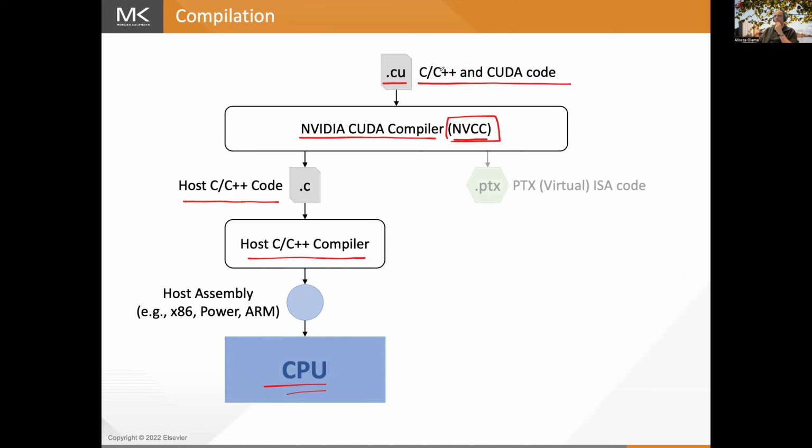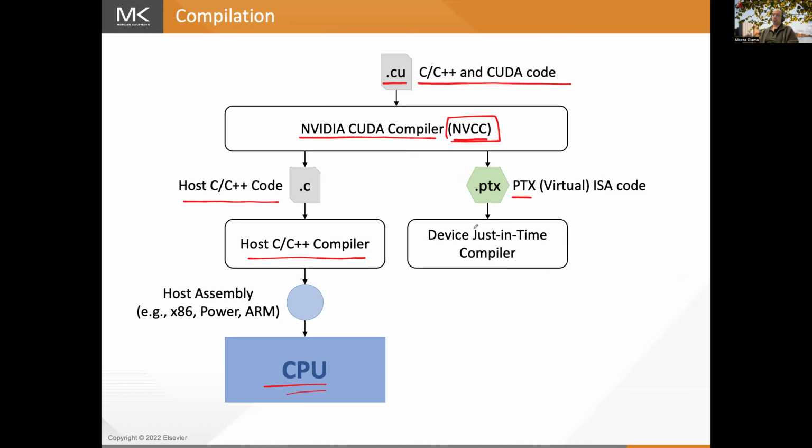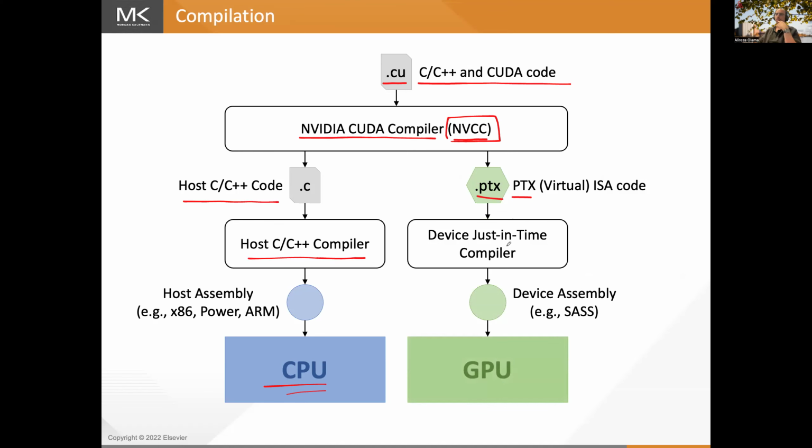Then it compiles the CUDA part of your code into a parallel thread execution file, or PTX file, which is a virtual binary file that provides an abstraction to make sure that your code works on different GPU architectures. It's assembly-like code that NVCC generates for you, and then it compiles this .ptx file into the actual binary that is run on your GPU.